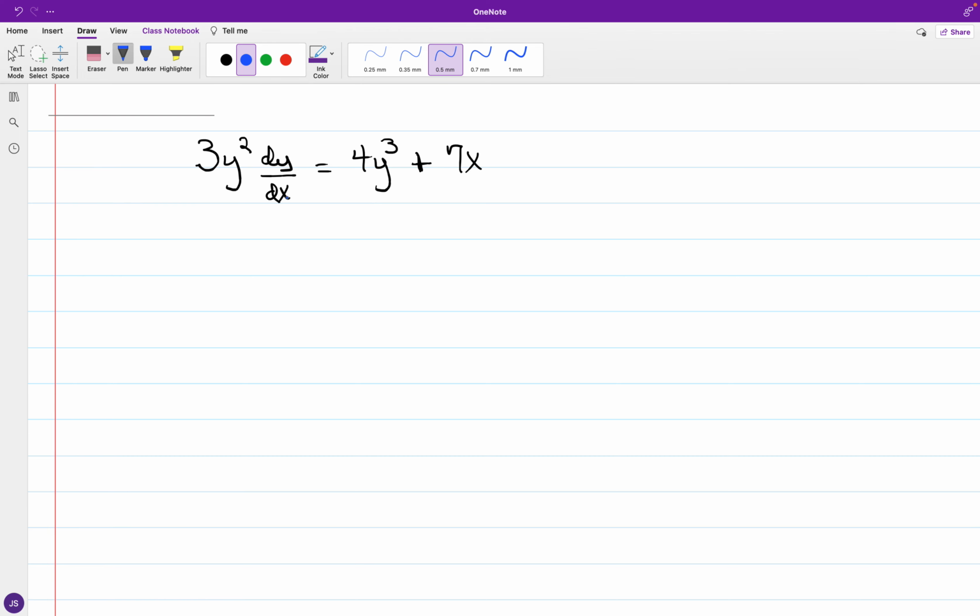we can apply a substitution variable v and set this equal to y to the third. And if I take the derivative with respect to x on both sides, I'm going to have dv over dx is equal to 3y squared dy over dx, and if you notice, we have an identity.